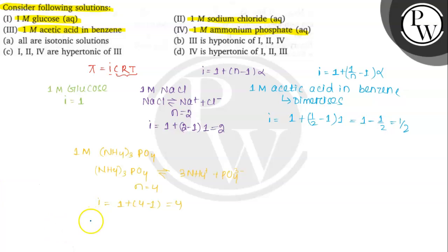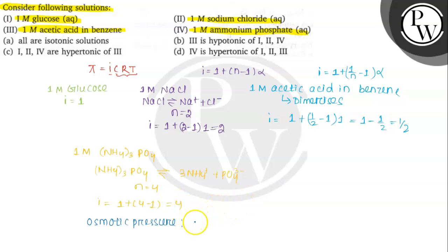Now we'll find the answers on the basis of the Van't Hoff factor value. If we arrange the order of osmotic pressure, the solution which has the highest Van't Hoff factor will have the highest osmotic pressure.